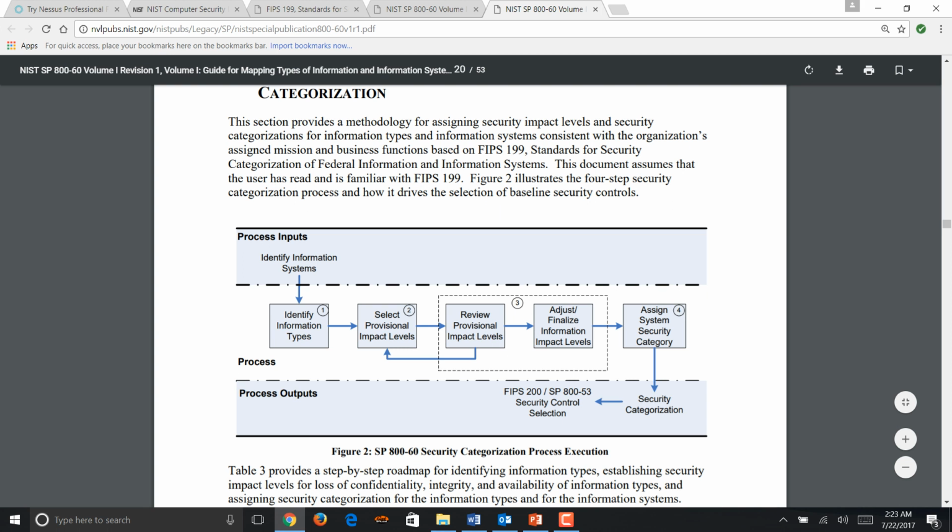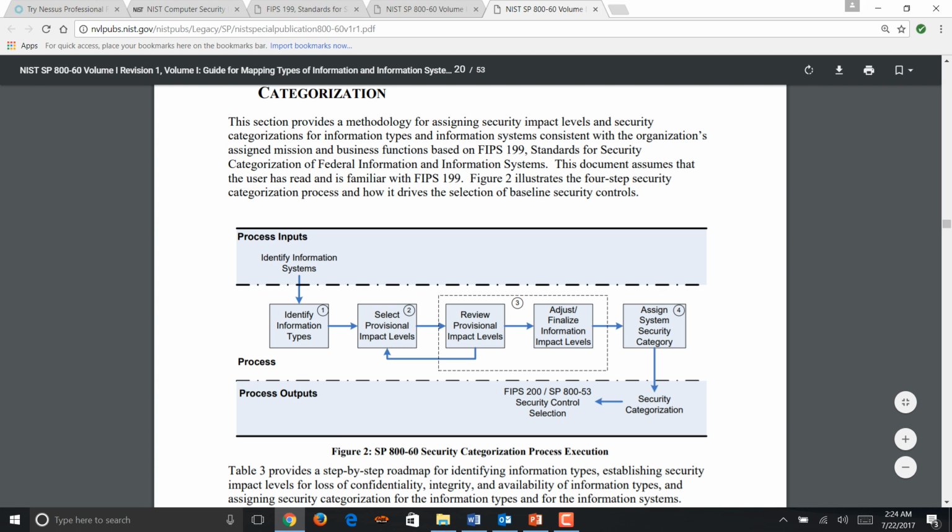Is it a mission critical system? Is it a sensitive system? Is it a critical system? Is it used to store, transmit, or process health data? Is it used to store, transmit, or process financial data? Those data that this system is used for are known as the information type.